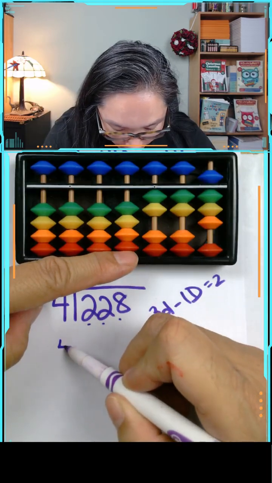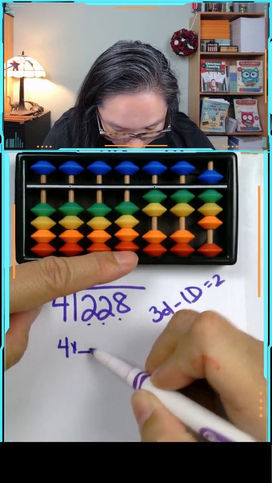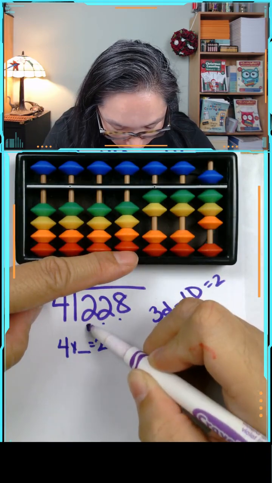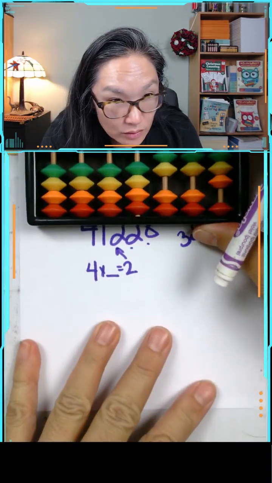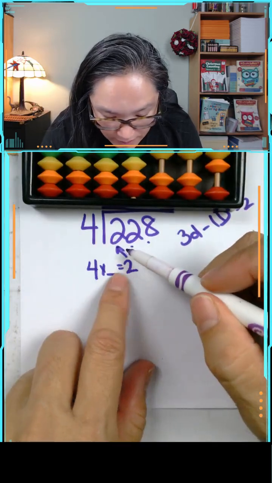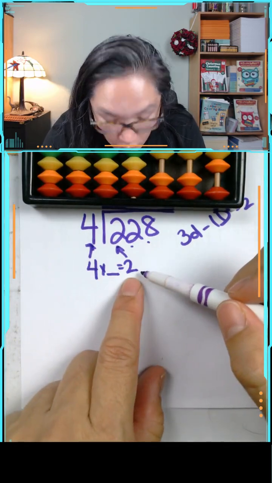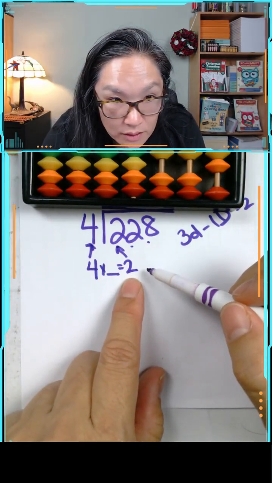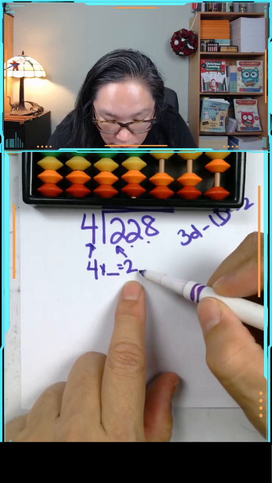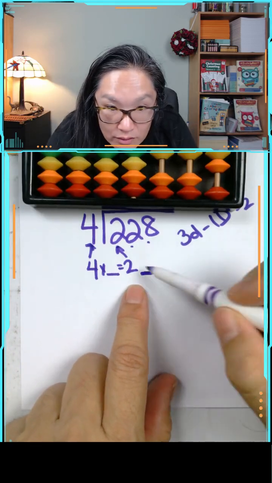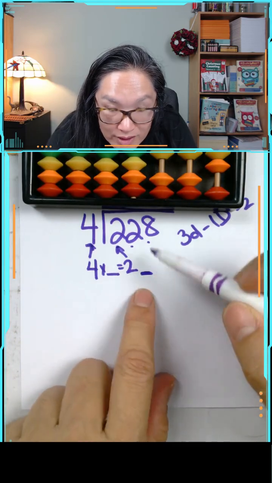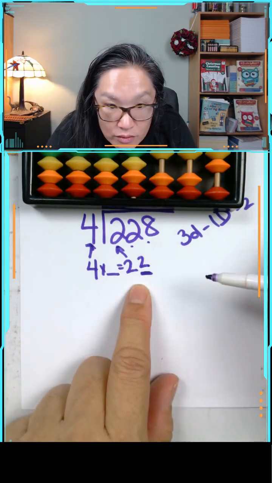Now remember, 4 times what is equal to 2? 2 is our dividend. 4 is our divisor. Can we do it? No, we can't do it. We have to make it into a double digit. It's 22. Thank you. 22.